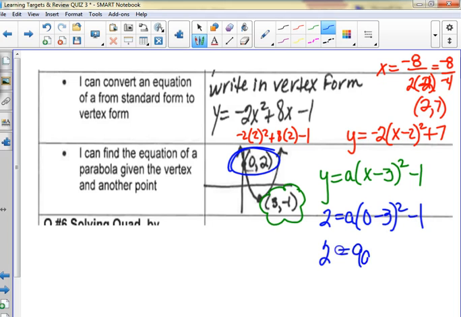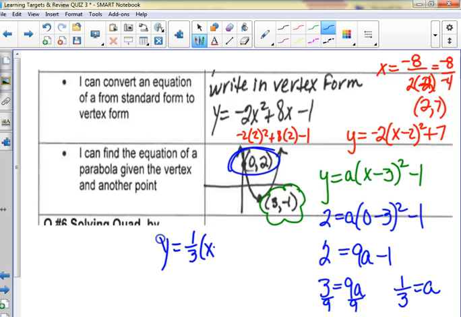So it's really 9a minus 1. When you add the 1 and divide, you get 1/3. So y equals 1/3 times x minus 3 squared minus 1.